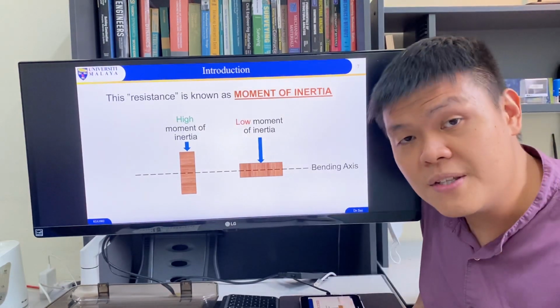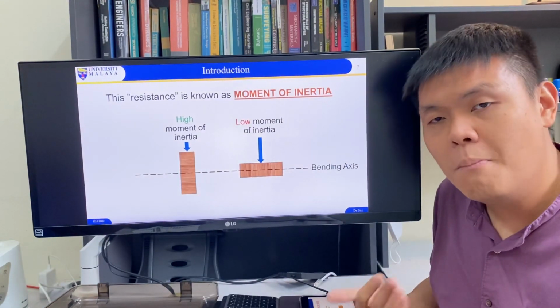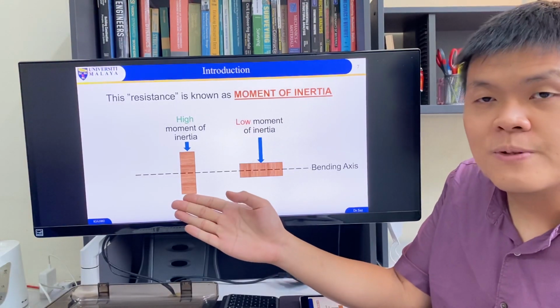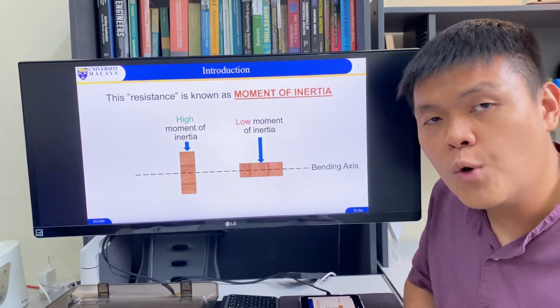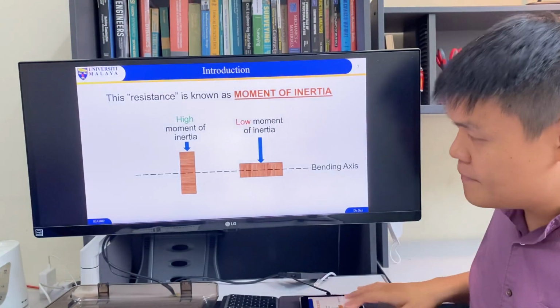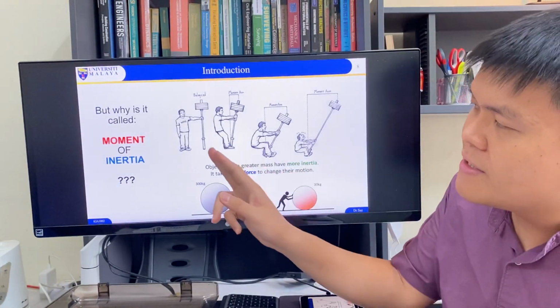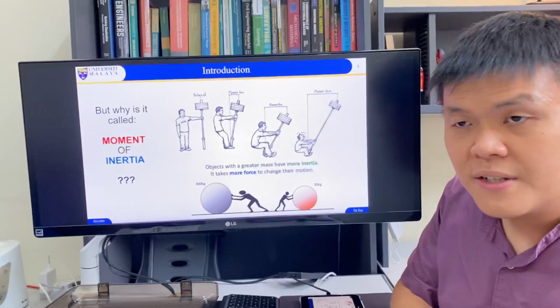This resistance to bending is called moment of inertia. This has a high moment of inertia. This has a low moment of inertia. Now, how do we think about this? So imagine this man with a weight here.